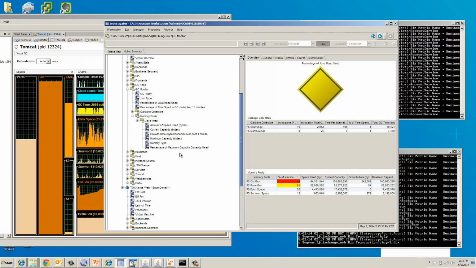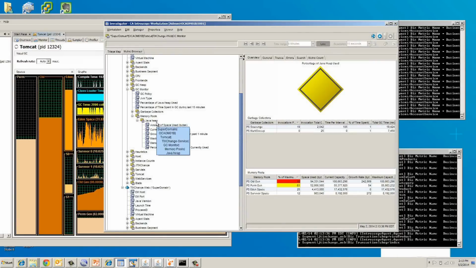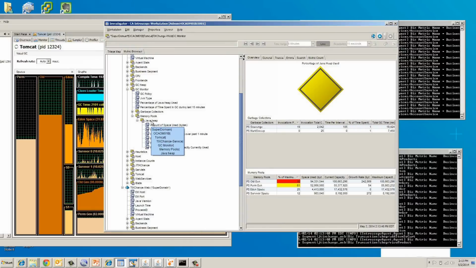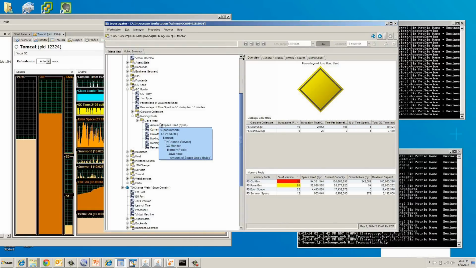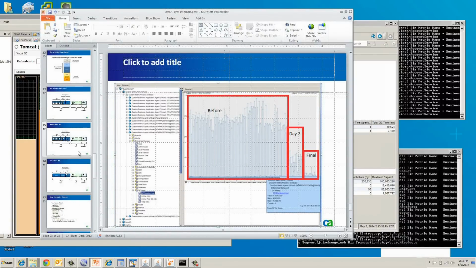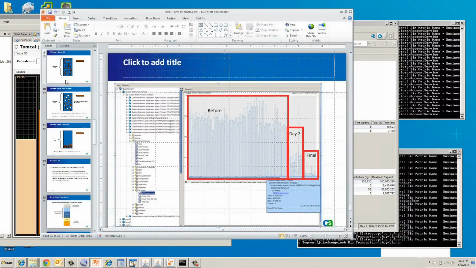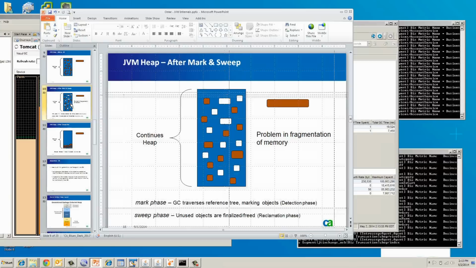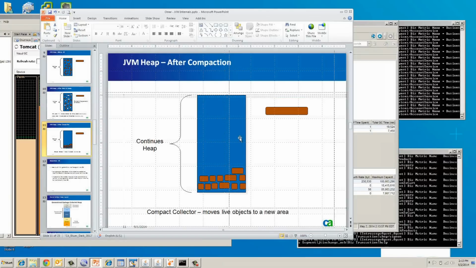So if I open this up, you see I have the same information that I have for a memory pool, but here I only have a single heap space, right? My heap space has not been divided into Eden or Old or anything like that. This is the first one that we covered earlier. Let me see if you guys recall on the first session we looked at this. Remember how we go and collect it, and remember what we need to do?